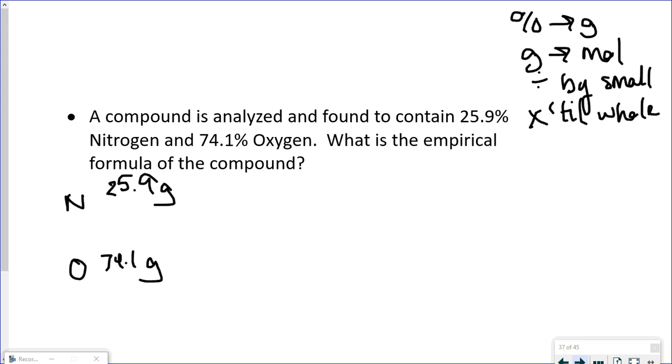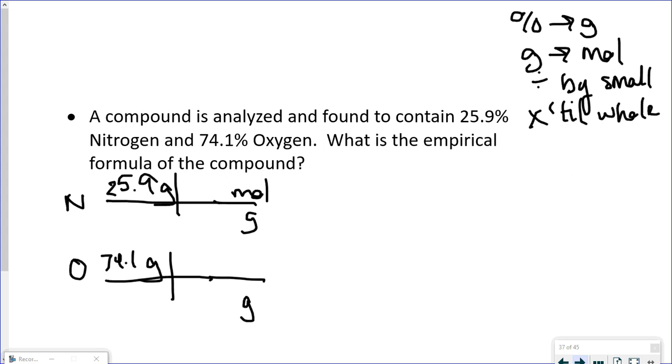Our second step is mass to mole. So whenever we do conversions going from mass to mole, we have to use our molar mass. So this is going to be a 1-step mole conversion for both of these. Since we have grams and we're trying to get to mole, remember to cancel out grams, it will go on the bottom of our next step to get into mole.